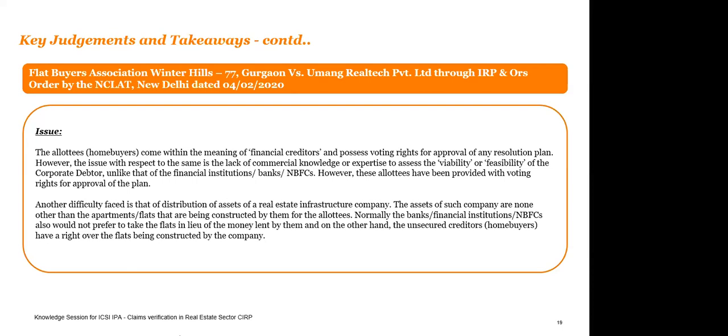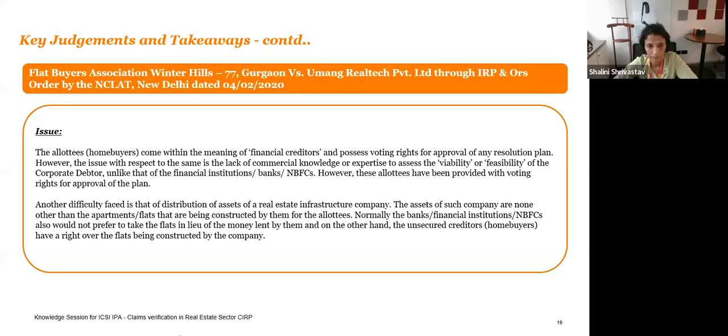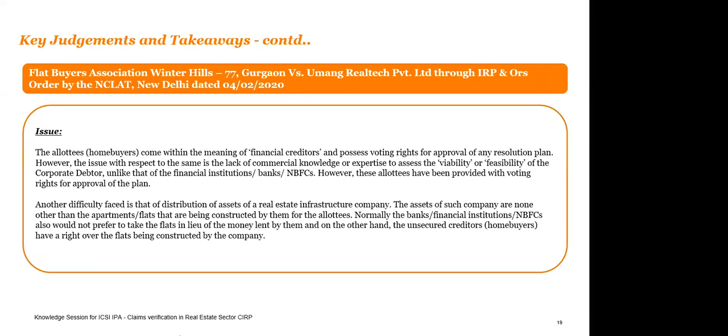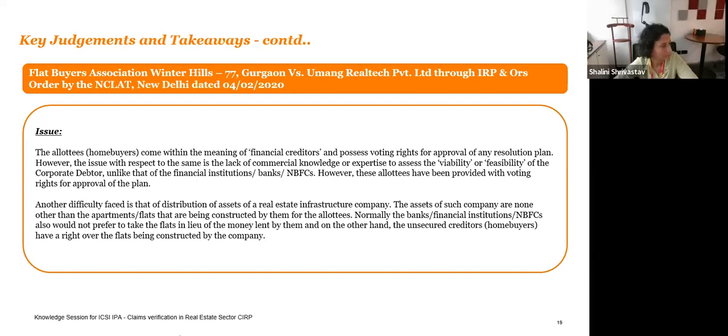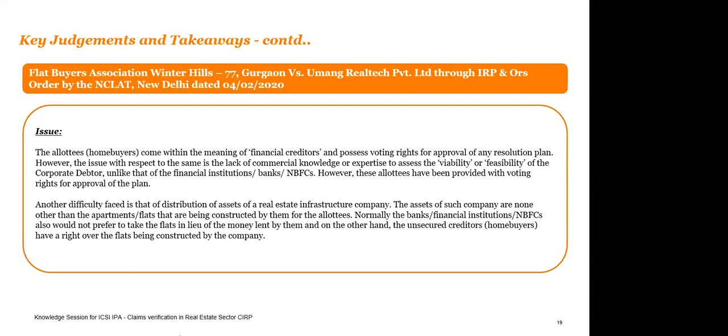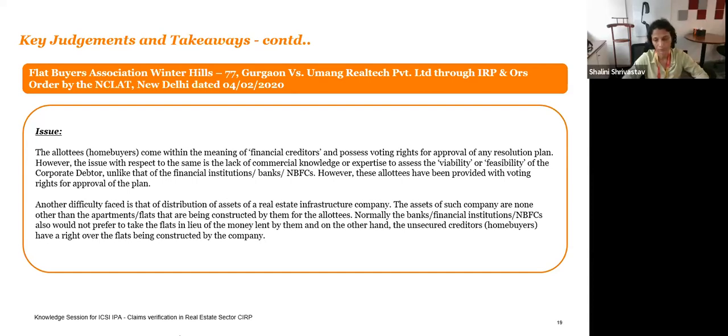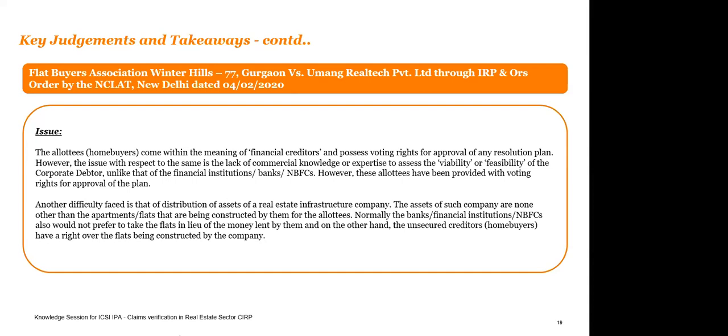Whosoever will come from outside as a third party with a resolution plan, their plan may not complete the project or its intention to develop the project in the original manner as was promised. So it was set out that the CIRP will happen.